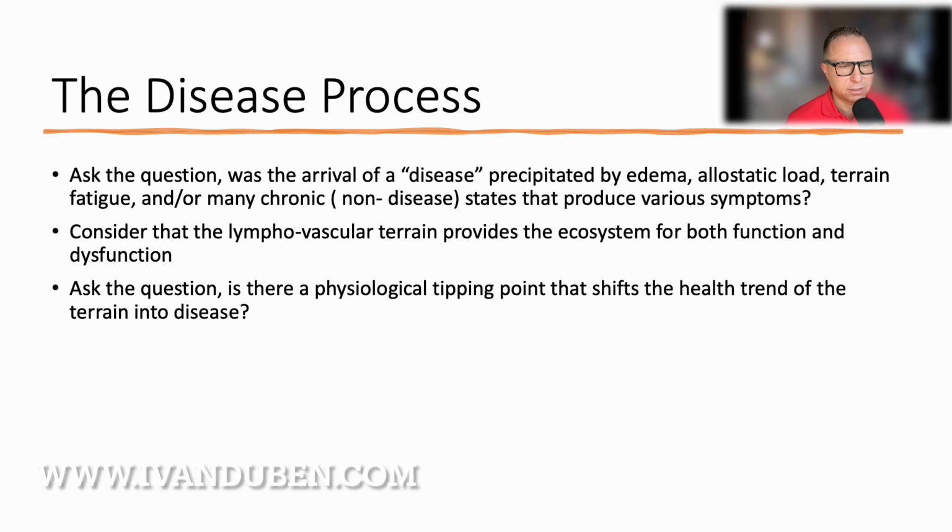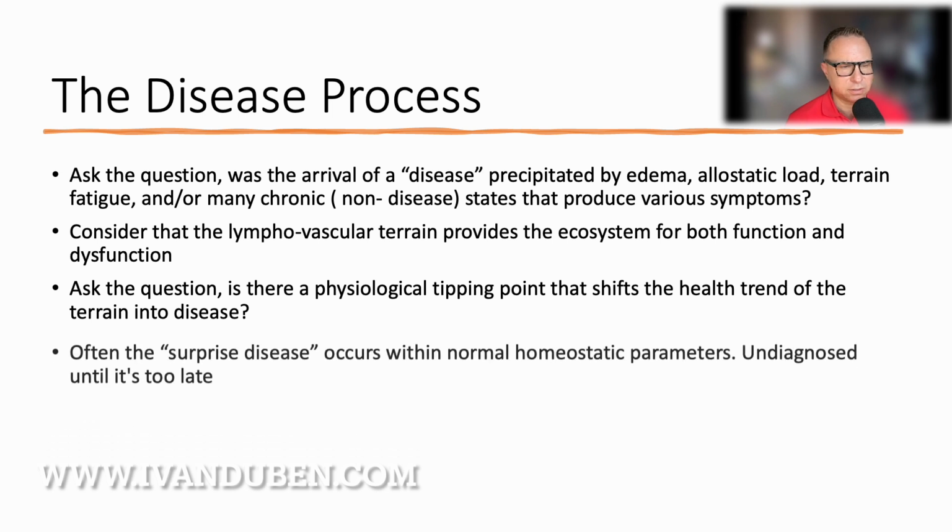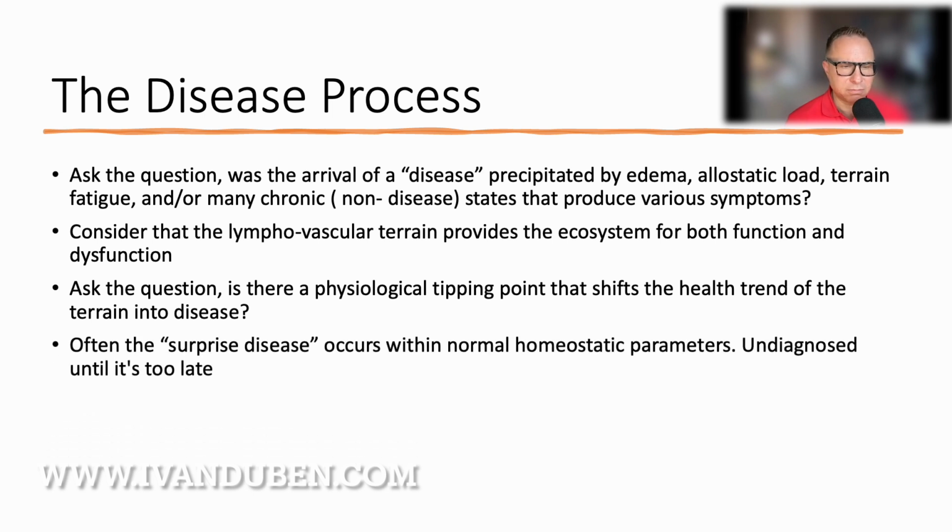Ask the question, is there a physiological tipping point that shifts the health trend of the terrain towards disease? Often, what I call a surprise disease occurs within normal homeostatic parameters, presenting undiagnosed until it's too late.